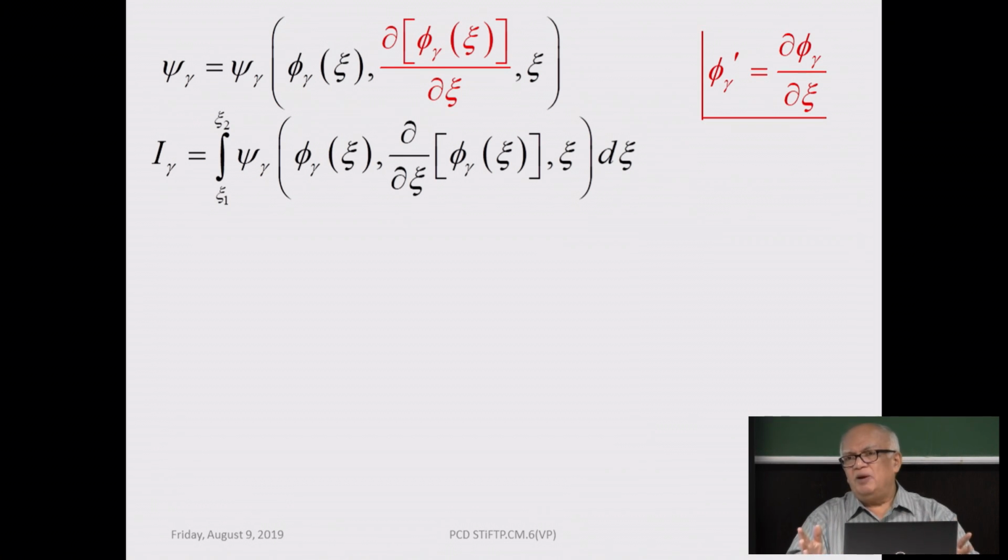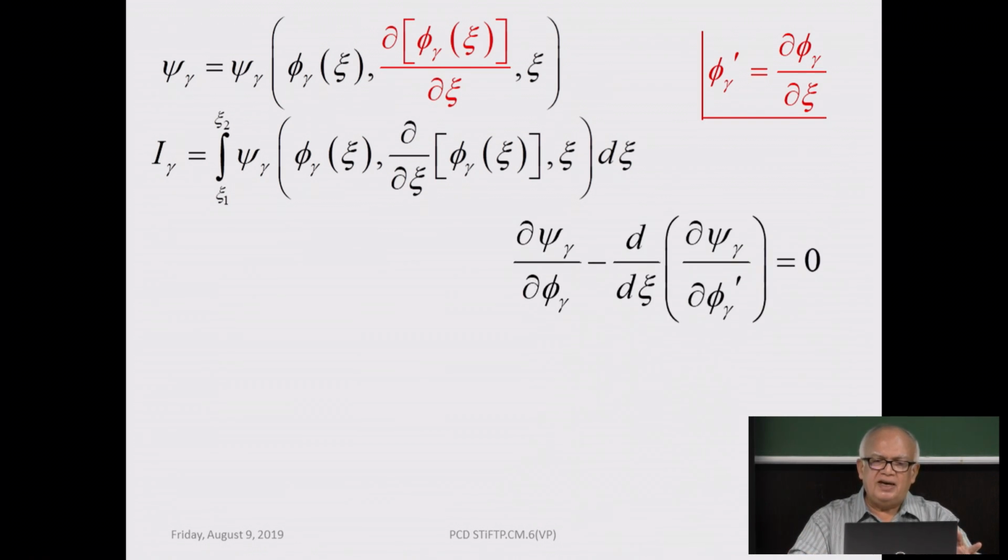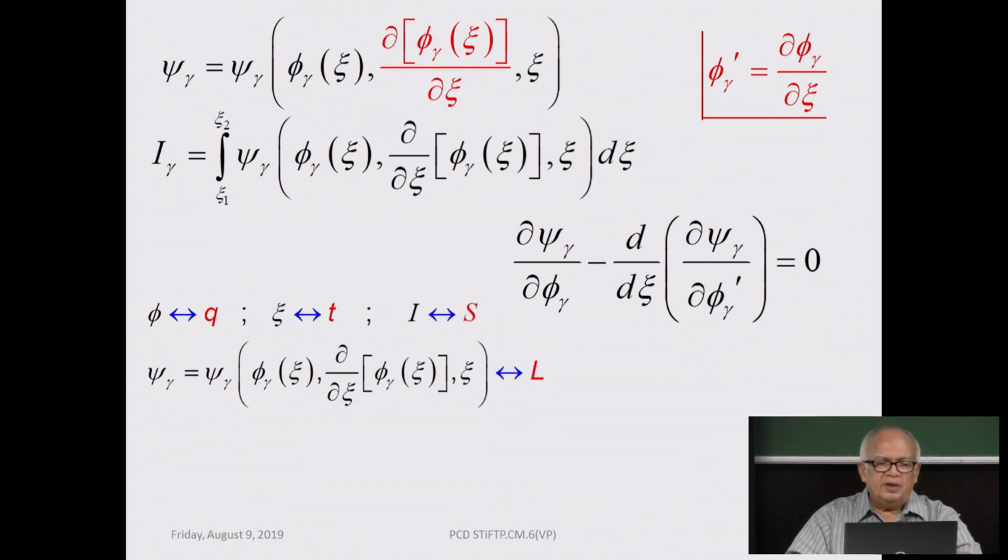You can solve this as a problem in variational calculus without making any reference to mechanics, and it turns out that the necessary and sufficient condition for this integral to be an extremum is given by this. All you do is establish the equivalence between phi and q, xi and t, and the integral I with action, and then you essentially get the Lagrange's equation that we just talked about.